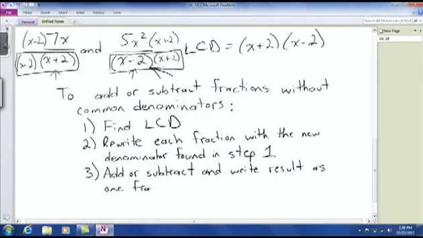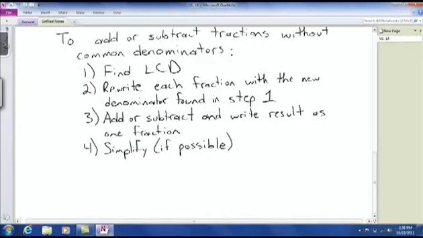We're taking two fractions or more and making it into one. And then last important step, if you don't do this, you're not done. Simplify, if possible. I'll put in parentheses because it's not always possible. Sometimes you cannot simplify. Actually, you'd probably like that because that means less work for you. So, there's our steps.